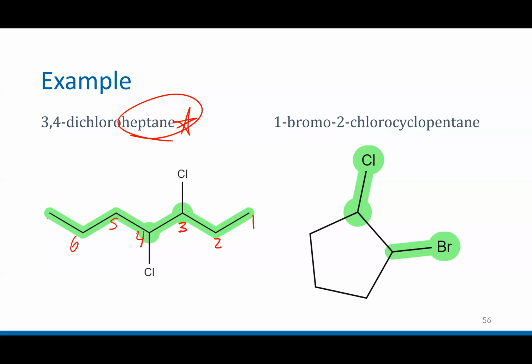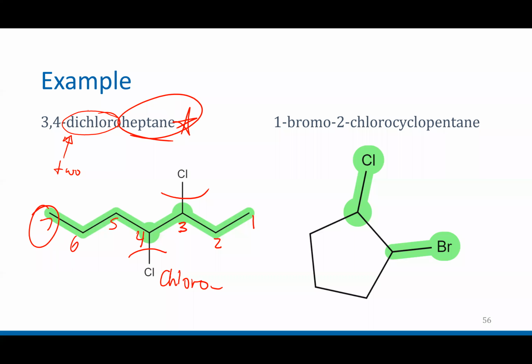And for full marks, this might be marked at 1.5 or maybe 2 at the most. I need your numbers. So heptane, you're going to get some marks. Dichloro, you'll get some marks. And then 3, 4, you'll get another set of marks. So if you said 3,4-chloroheptane and forgot the di, you'd still probably get like 1.25 out of 1.5.